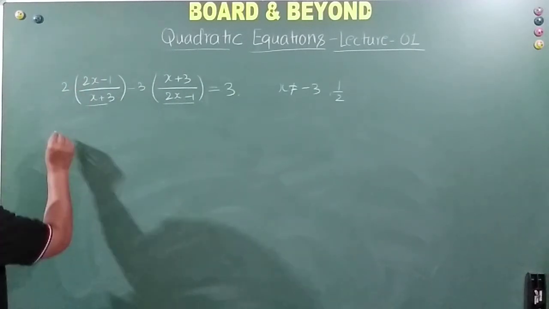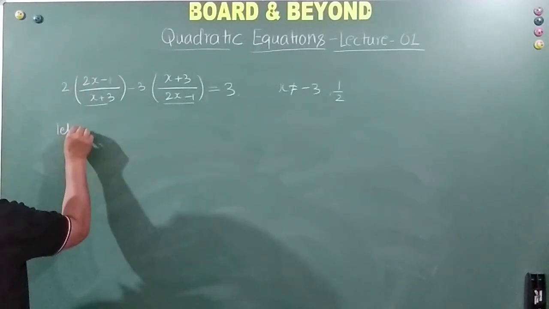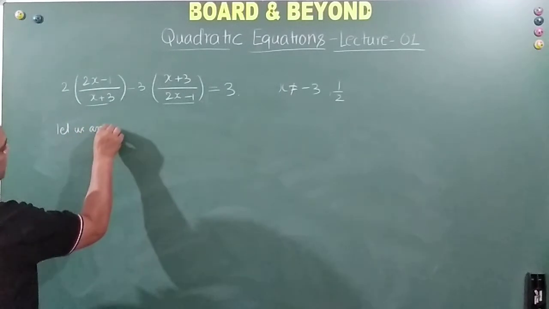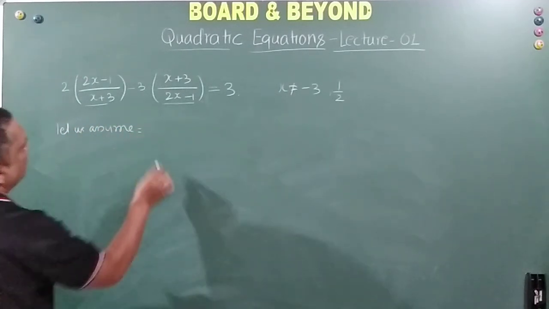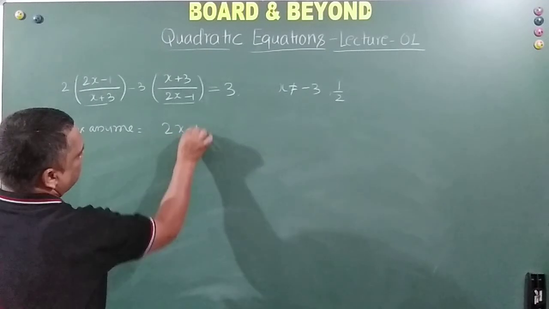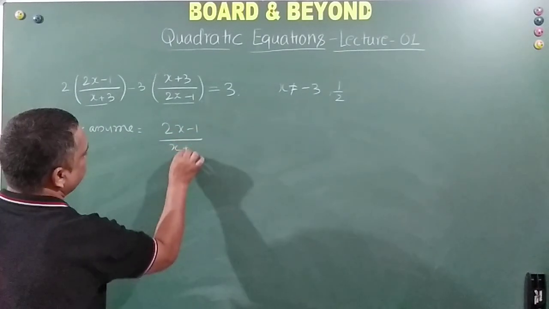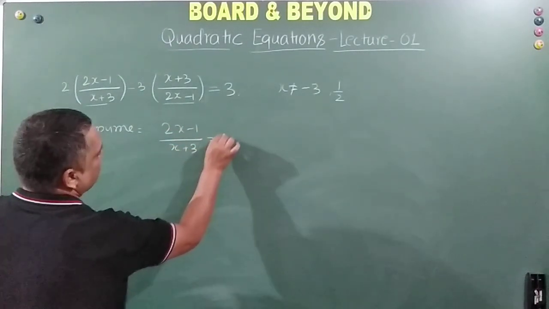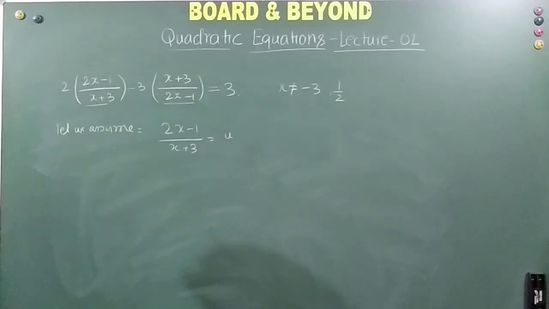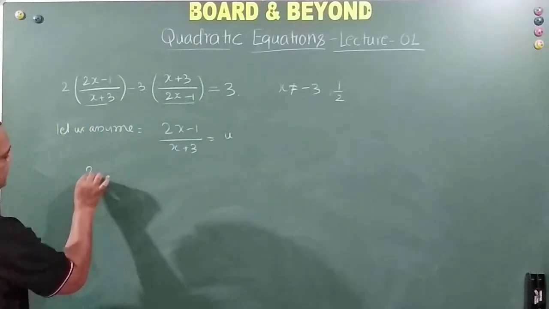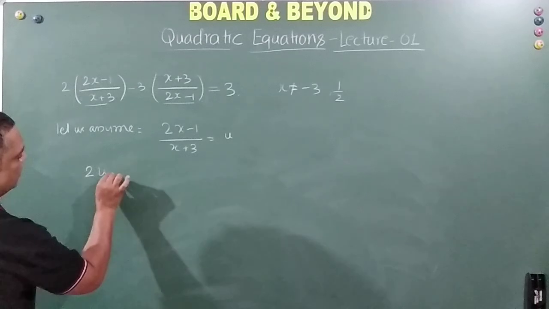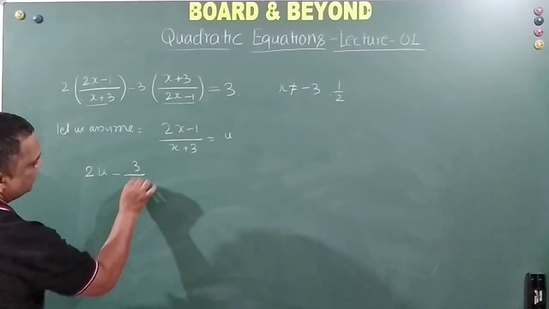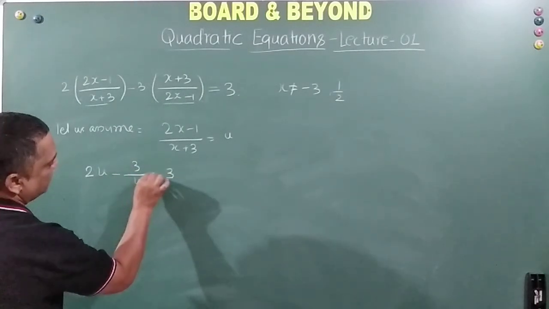So let us assume 2x minus 1 divided by x plus 3 is equal to u. So this equation reduces to 2u minus 3 by u is equal to 5.